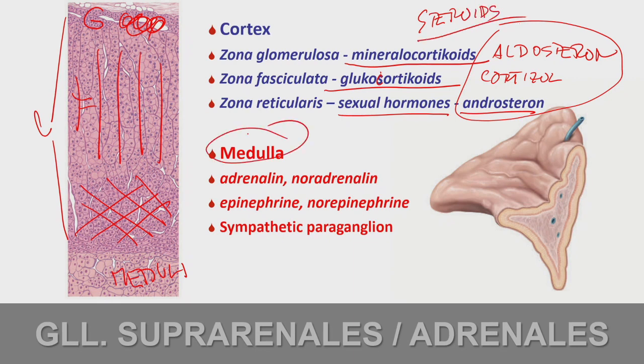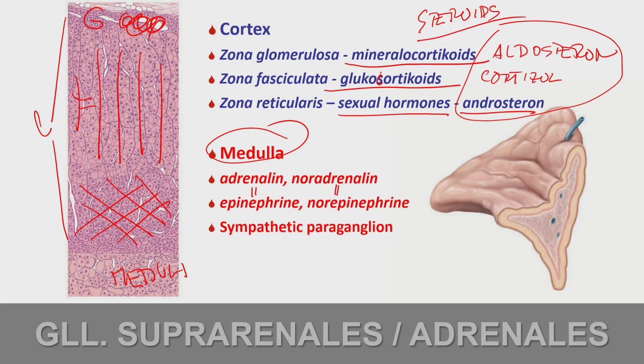In medulla, there are products which are called adrenaline and noradrenaline, and it is the same as epinephrine and norepinephrine. In English, in US and UK, they use epinephrine, norepinephrine.